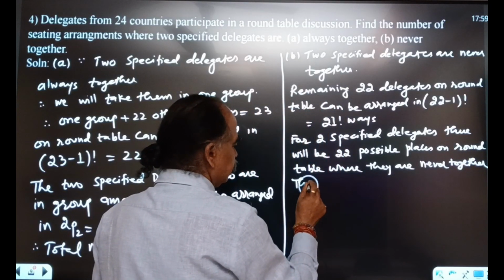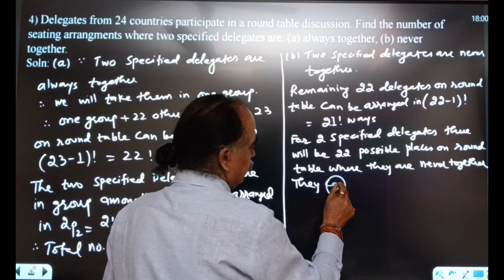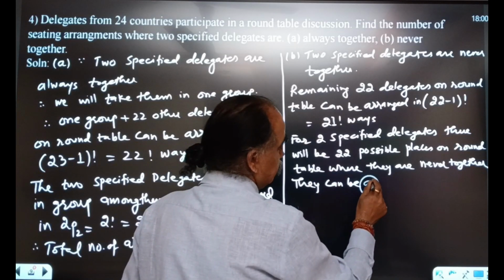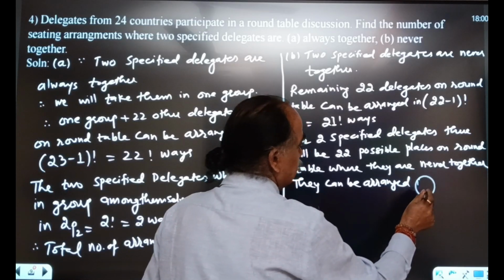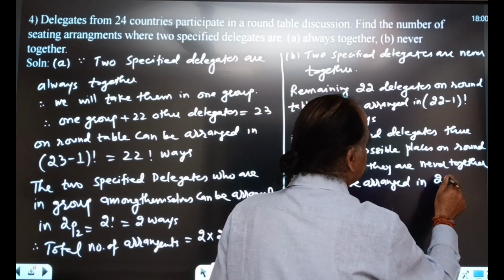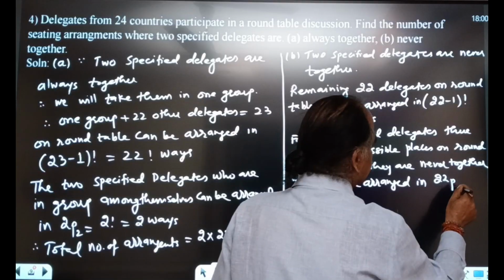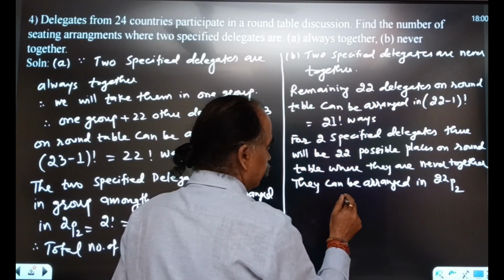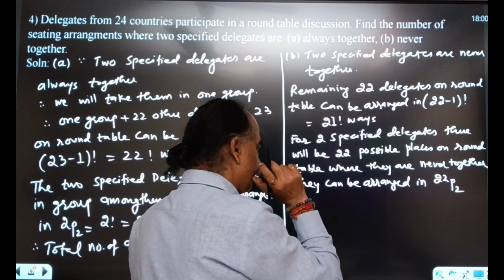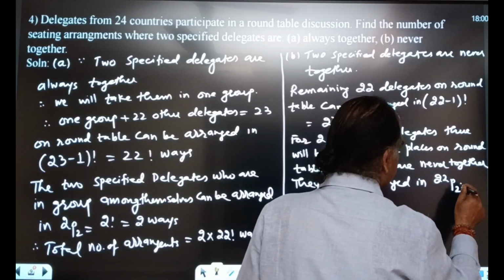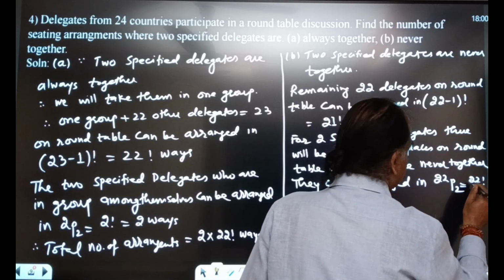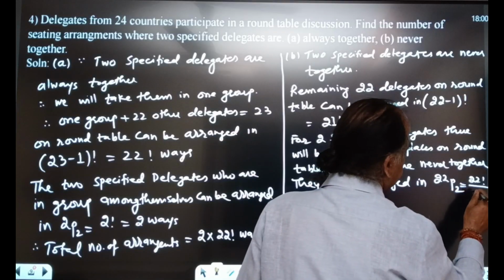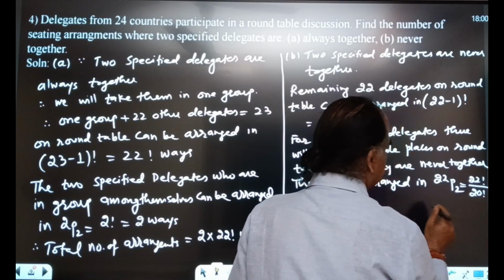They can be arranged in 22P2, which is equal to 22 factorial upon 20 factorial, since 22 minus 2 is 20 factorial.